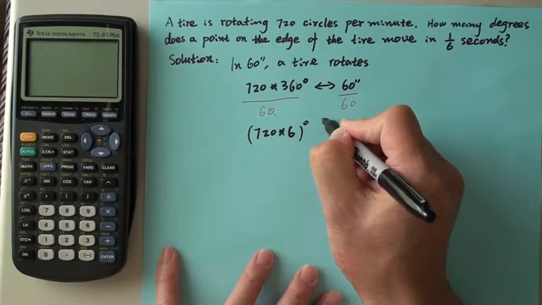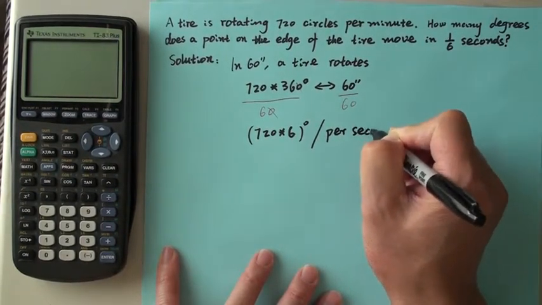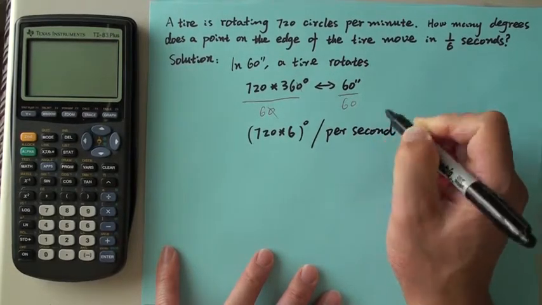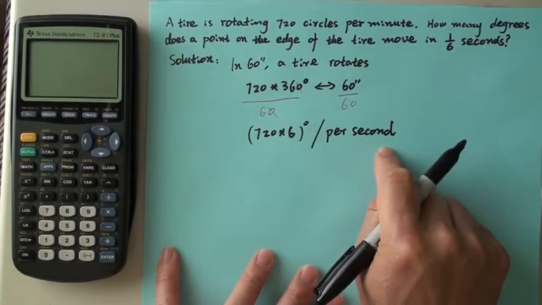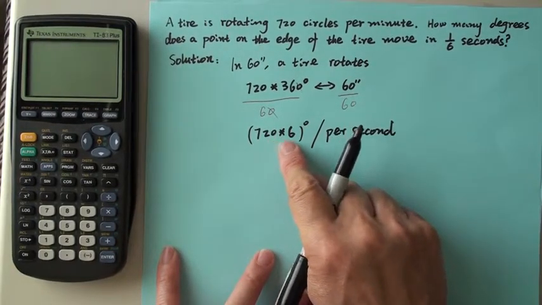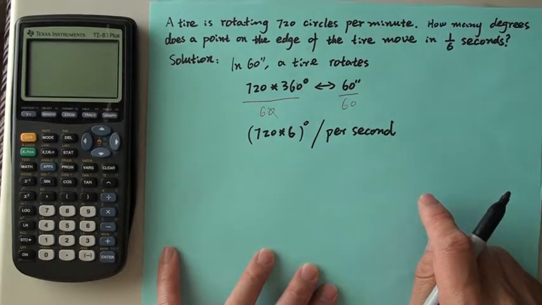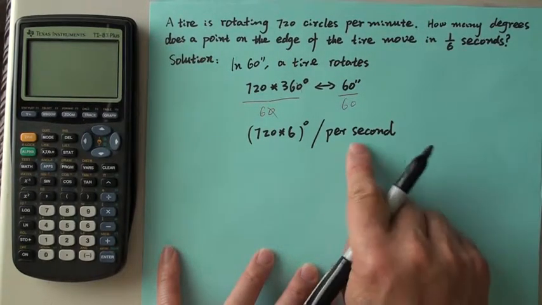So for each second, the tire rotates 720 times 6 degrees. That's for 1 second.